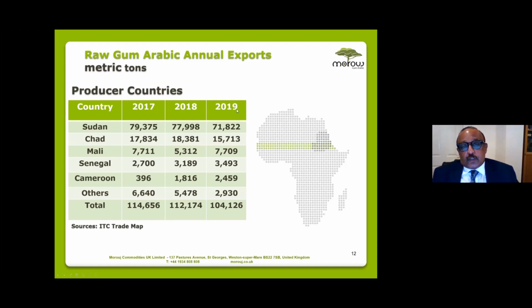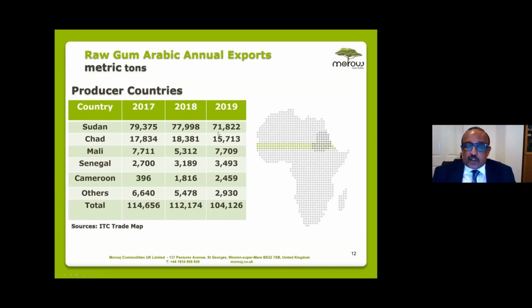In 2019, Sudan produced about 72,000 tons of gum arabic, or rather exported. I have to be more precise because it is export. Maybe there is some local consumption of gum arabic in Sudan.